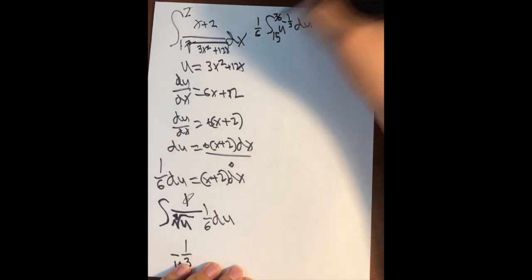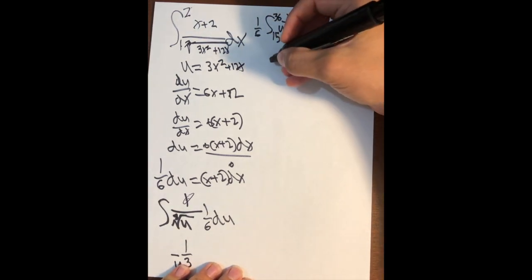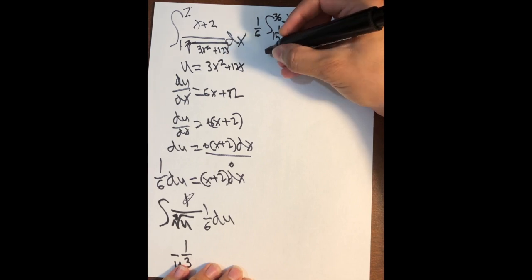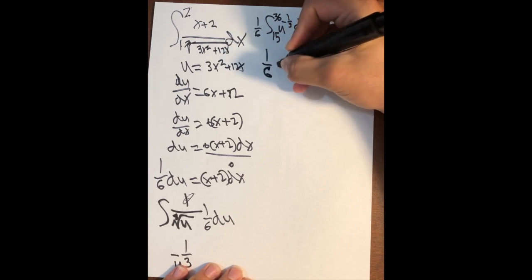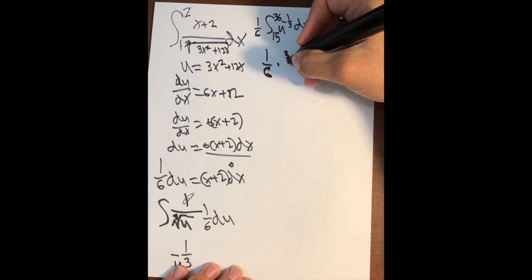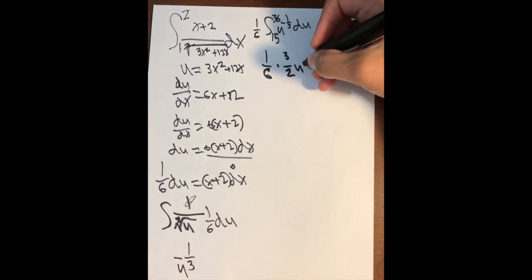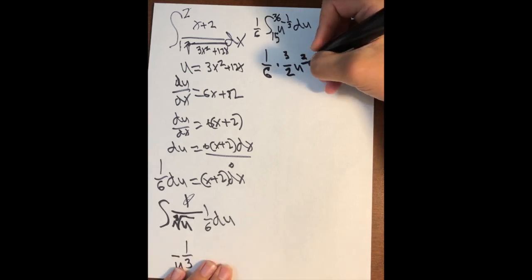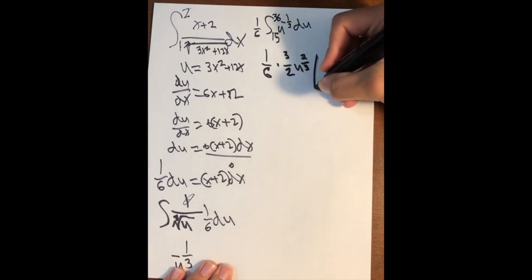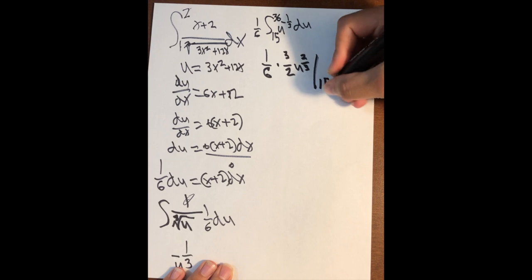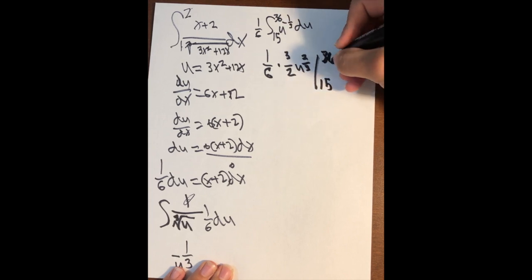And so then we take the integral, which in this case is 1/6 times 3/2 u to the 2/3 power, from 15 to 36.